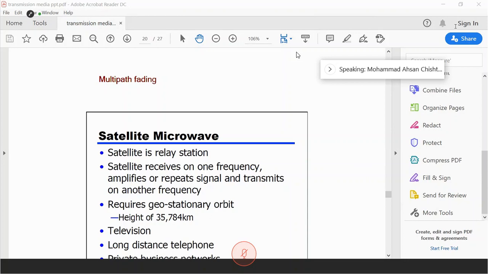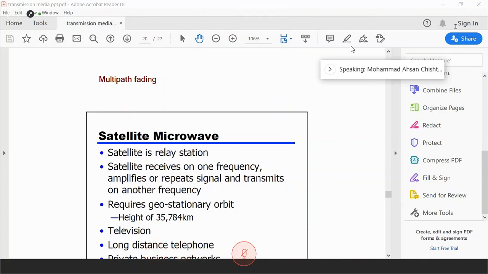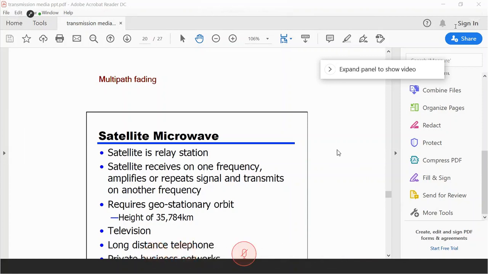Bands up to 10 gigahertz are in use with it, but above 8 gigahertz, there are problems in absorption by water because of rain and so on. So we use those for microwave. They are not good for communication. Microwaves are good for telephone communication. You have satellite phones. It is for TV distribution and so on.